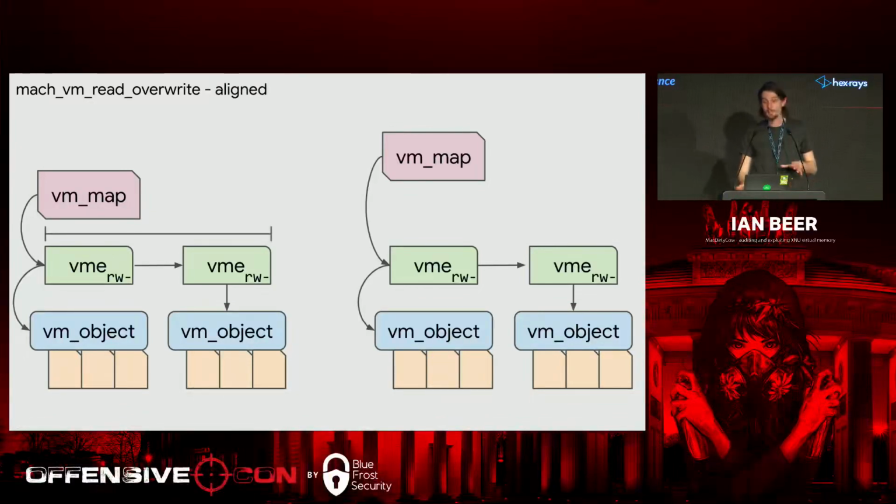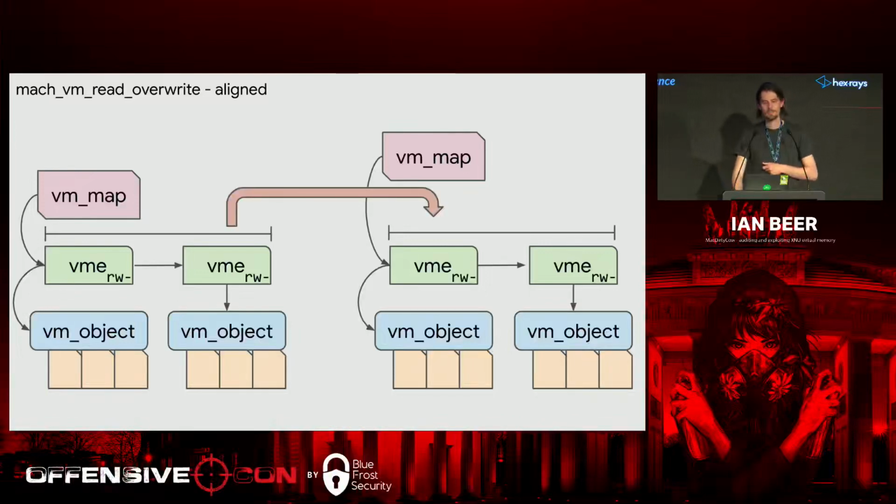So the simplest case for MachVM read overwrite is when you are copying page-aligned and page-sized chunks of memory from one area to another. In this case, we could copy these 2 entire VMEs on the left over to these 2 entire VMEs on the right.